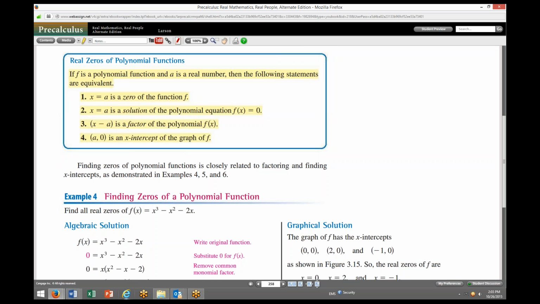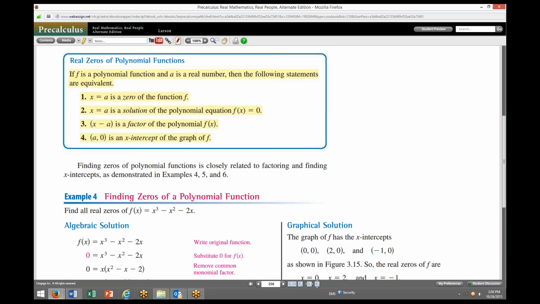To say that x equals a is a 0 of the function f tells us the same information as saying that x equals a is a solution of the equation, or x minus a is a factor, or a comma 0 is an x-intercept of the graph of f. All of those tell the reader exactly the same mathematical information.